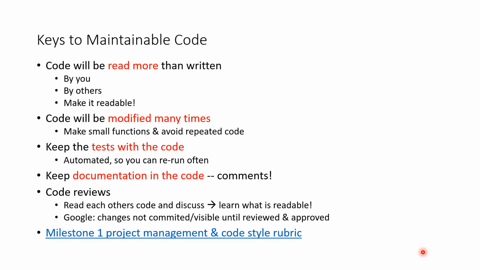Keep the documentation in the code, like using comments and clear variable names, and try to do code reviews with each other. Read each other's code and discuss: is there anything that's not clear enough that you can improve?